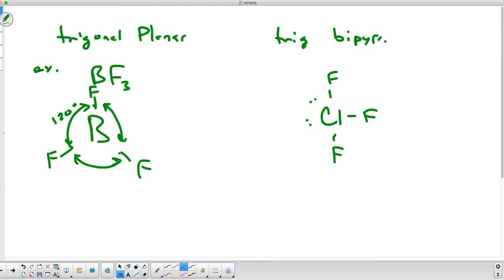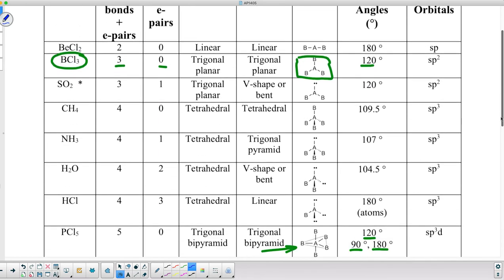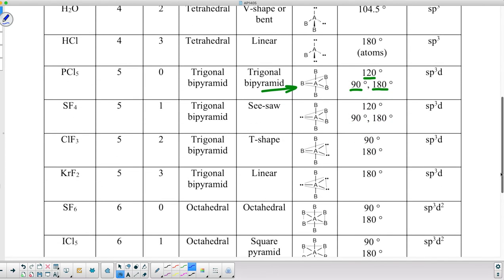Now here's what I'm going to do. I'm going to go through and say I got 1, 2, 3, 4, 5 places where there are electrons. Those are electron domains. 3 of them are bonds and 2 are lone pairs. So what I have is T-shaped.